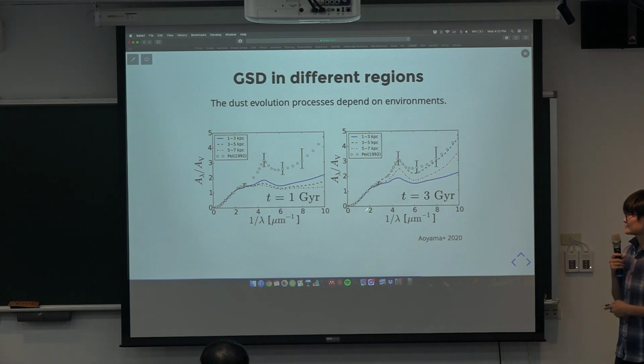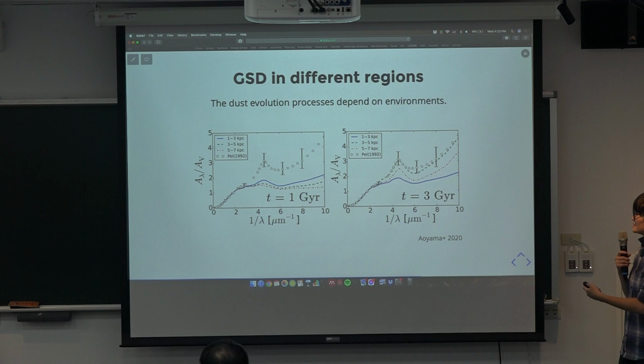So in his work, he found that at the inner region, the blue line, the extinction is not significant at the short wavelength region, but for the outer region, the green and the red line, you can see a steeper extinction curve here.